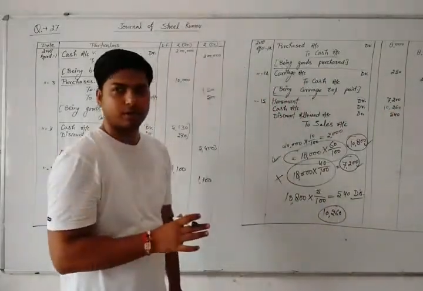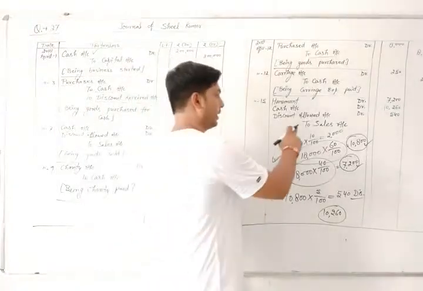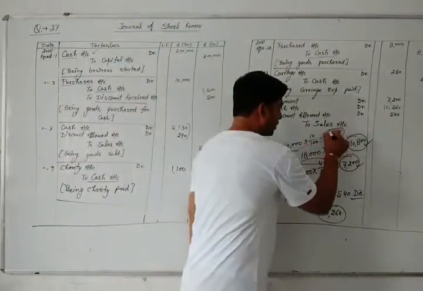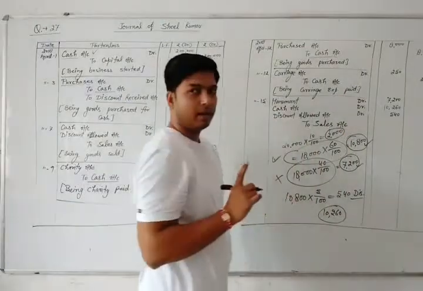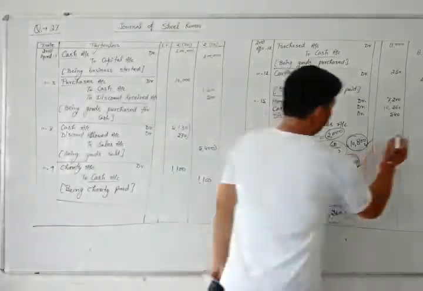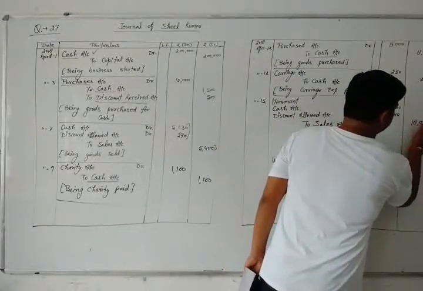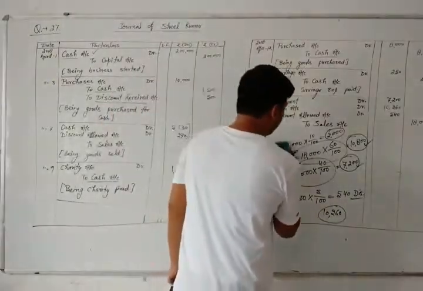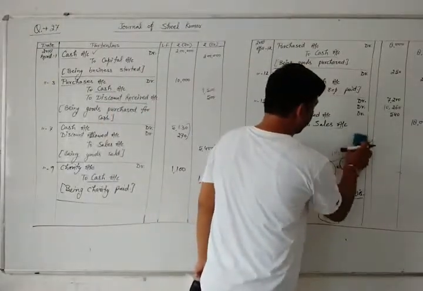So this is all about the debit side amounts. And on the credit side, as I told you, the 10%, 2,000 rupees, was given as trade discount. That would be deducted and the balance amount 18,000 will be credited. So it is all about this one entry, a very special, different entry.